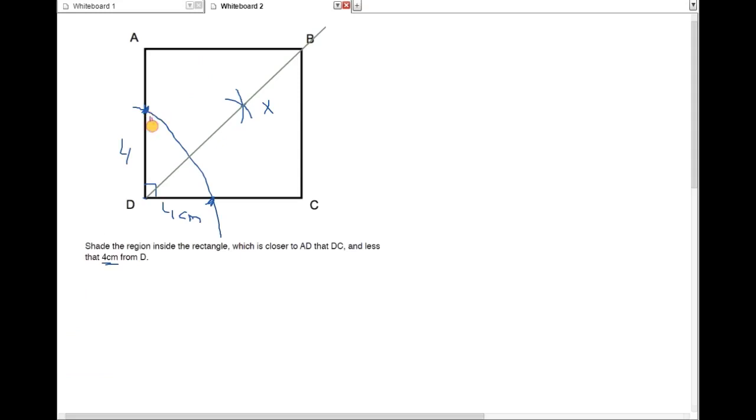So you see all these points. We just shade this region only. If you pick up this point, it is definitely closer to your AD and a bit far away from your DC as compared to AD.